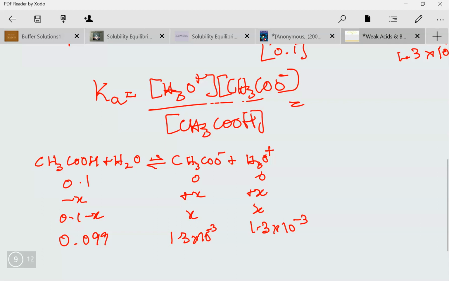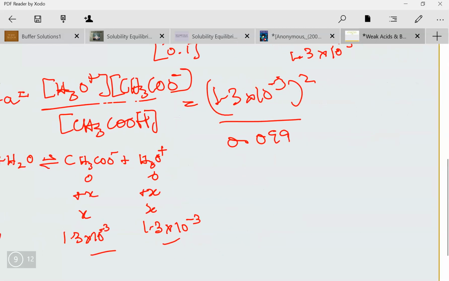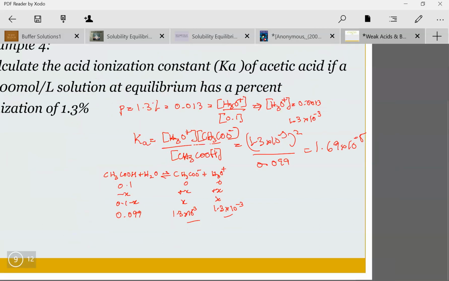So I do this, and this is 1.3 times 10 to the power negative 3 squared, because they're the same, divided by 0.099. So 1.3 times 10 to the power negative 3 squared divided by 0.099 is 1.69 times 10 to the power negative 5, which is my Ka.